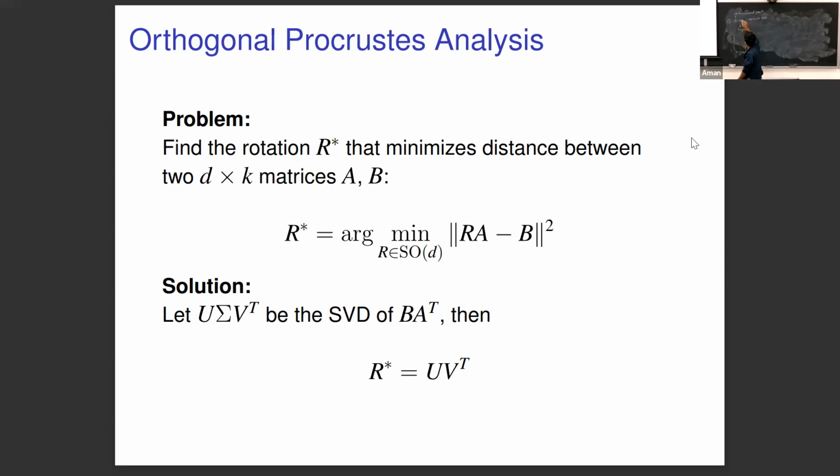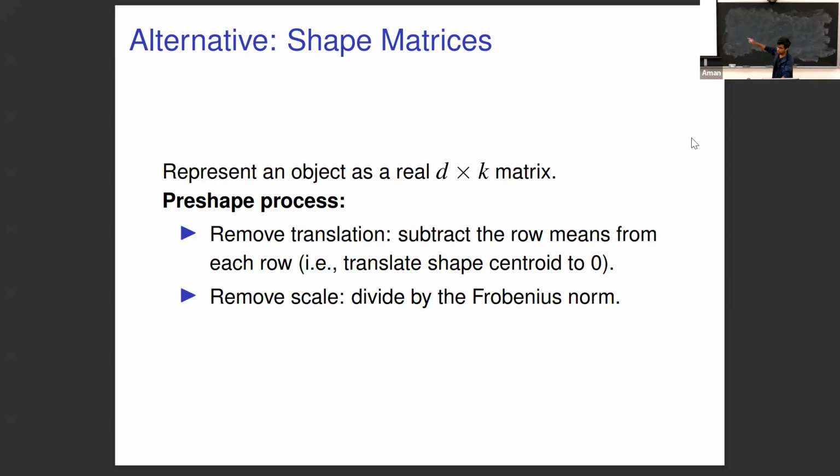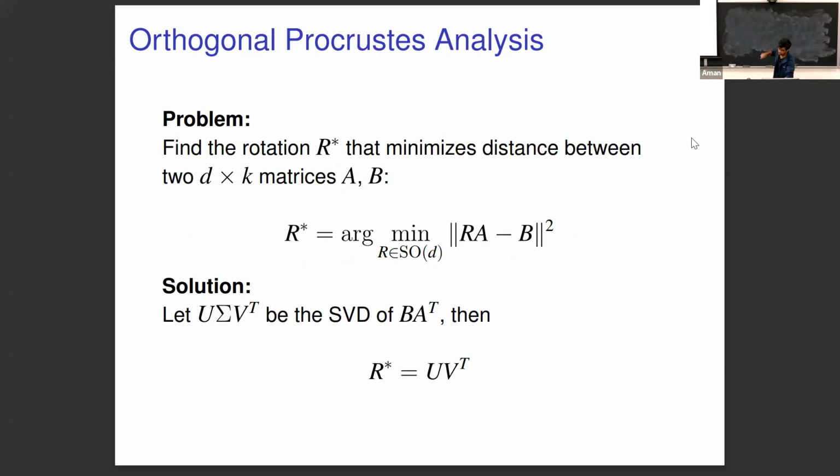You do the same process with two shapes A and B, and then we essentially want a value for the rotation such that when we rotate A, because we've already removed scale and translation in the previous steps, all we need to do now is align the rotation so that both the objects are aligned to each other. So what we want is an ideal rotation matrix R star, which would reduce this value.